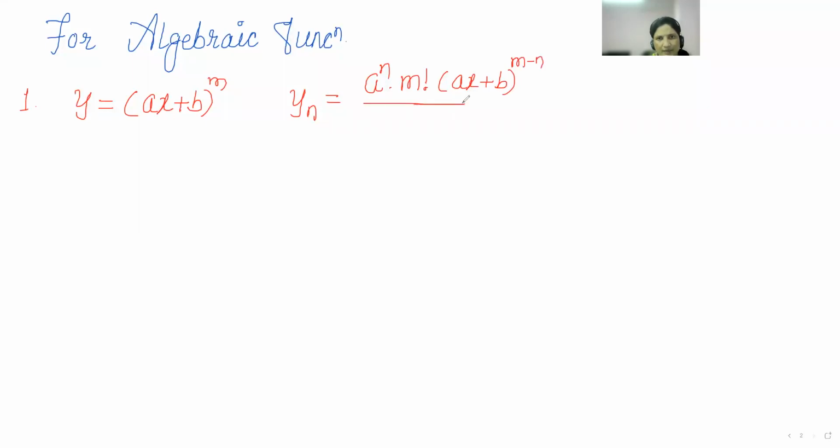So here first one, y is equal to (ax plus b) raised to m, then its nth order derivative is equal to a raised to n into m factorial into (ax plus b) raised to m minus n divided by m minus n factorial.